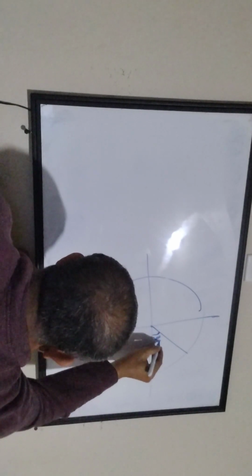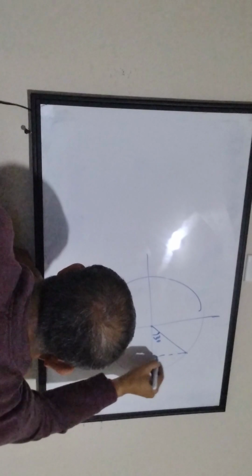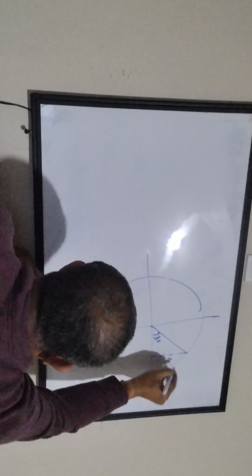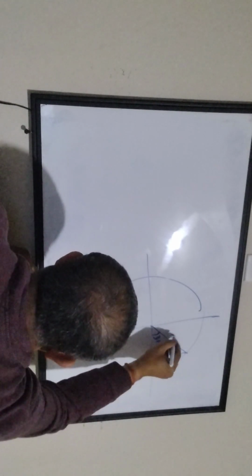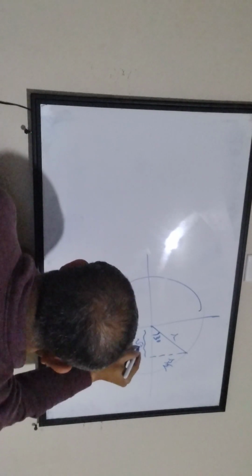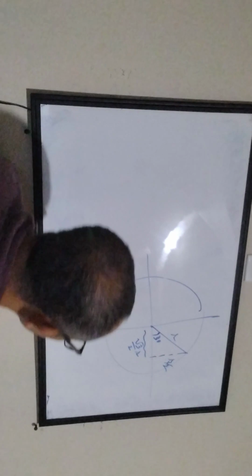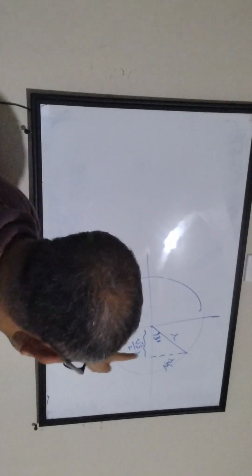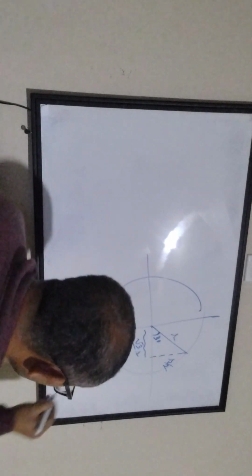If this is 30 degrees, let's say this is the radius, so this will be half the radius, r by 2. This will be root 3 by 2 times the radius. That's what we have learned.